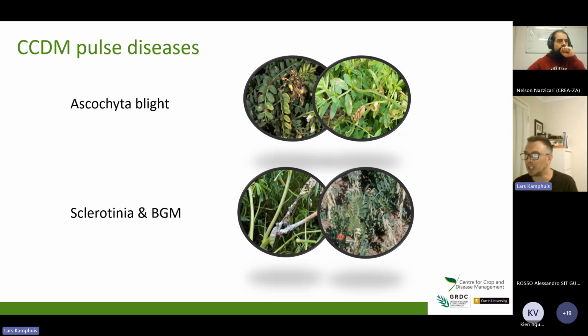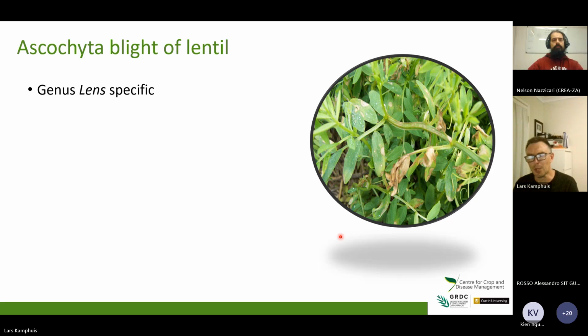And in July of this year, we also started working on Botrytis grey mold in chickpeas and lentils. So they're the key crops and pathogens that we work with in terms of legumes. But today I'm just going to focus on our Ascochyta blight research in lentils.